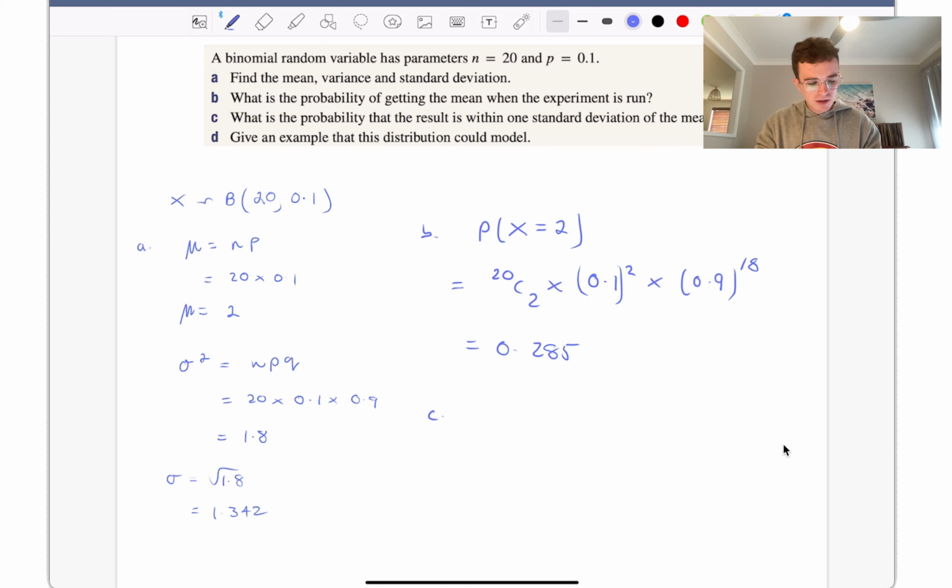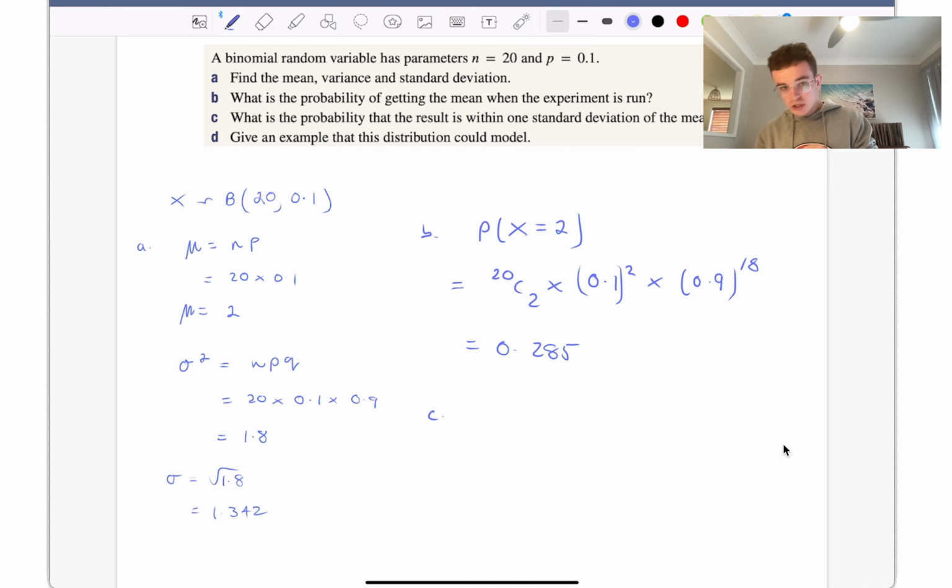Part C, what is the probability that the result is within one standard deviation of the mean? Something that we would have seen in advanced in terms of our normal distribution, you would have looked at being within one standard deviation of the mean.